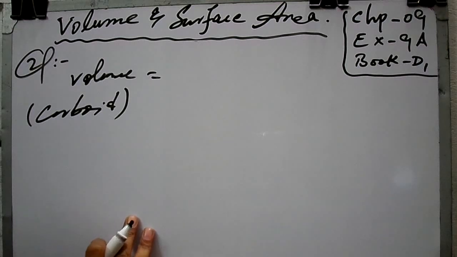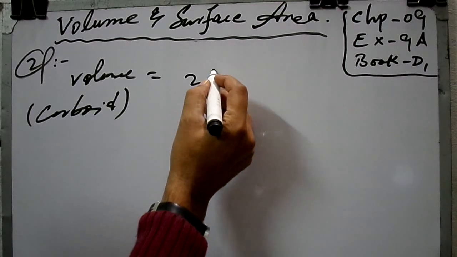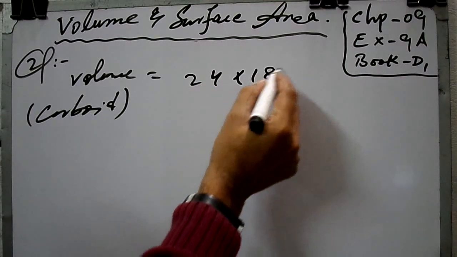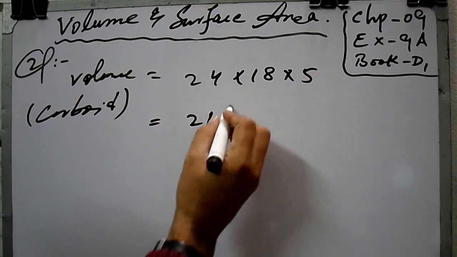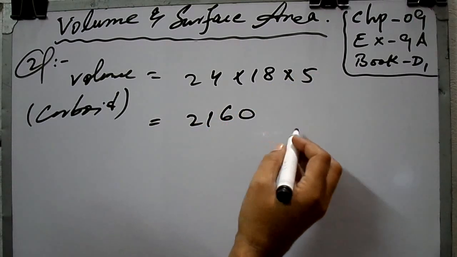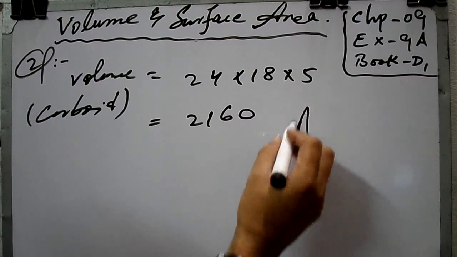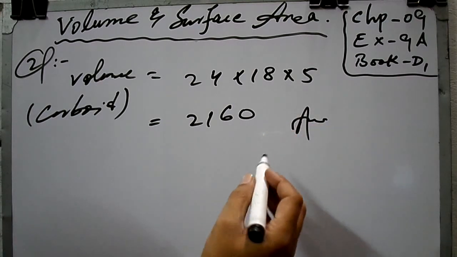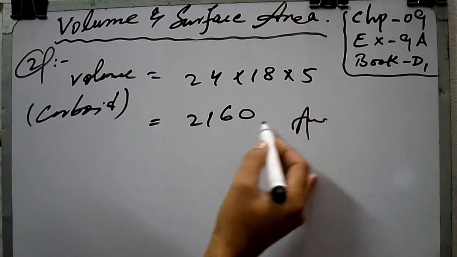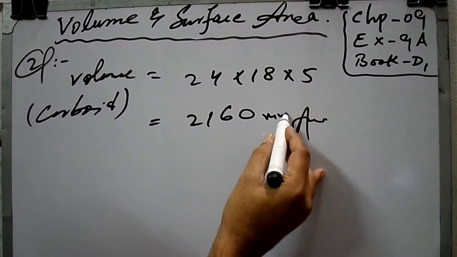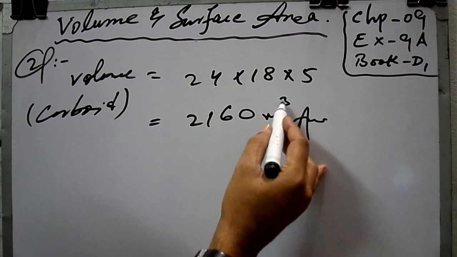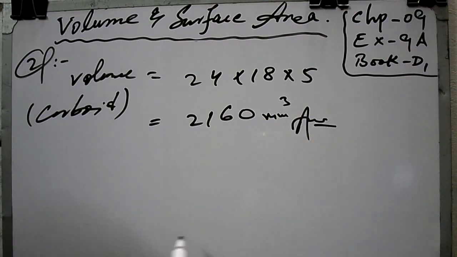So here the volume is simple, 24 multiplied by 18 multiplied by 5, you will get 2160, that is your result. If the reading is in centimeters, your result will be in centimeters. If it is in millimeters, then your result will be in millimeters. So millimeter cube is your required result.